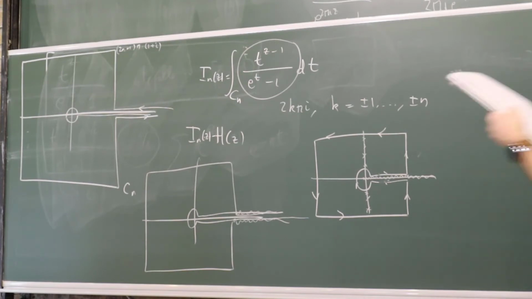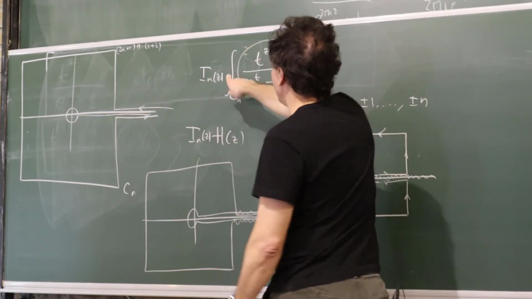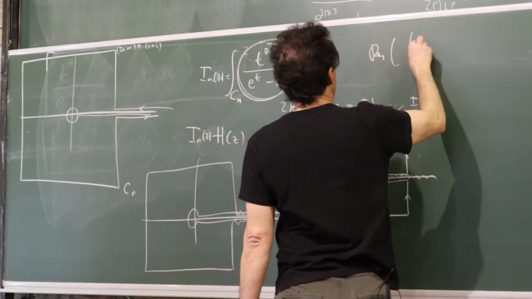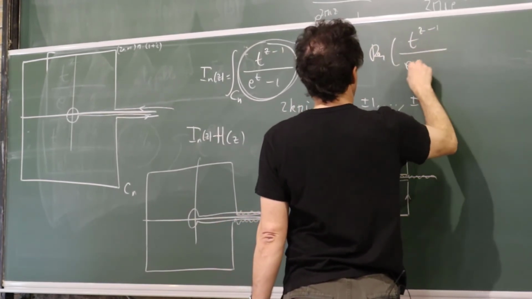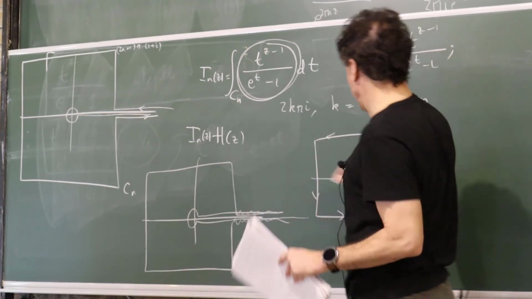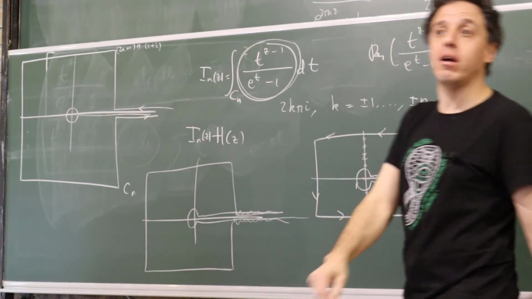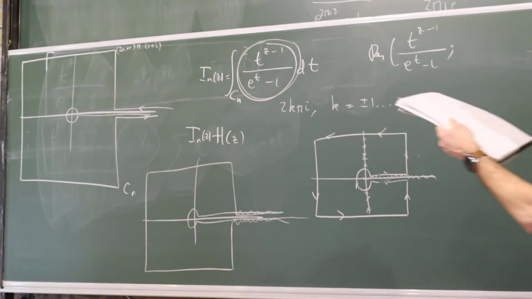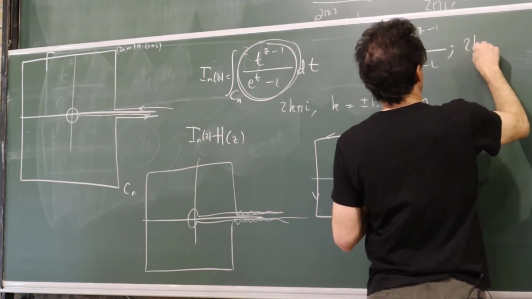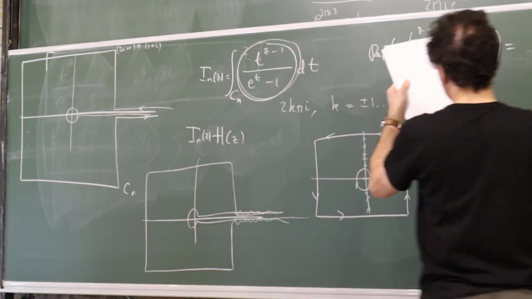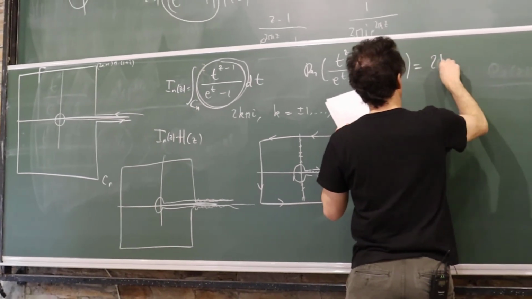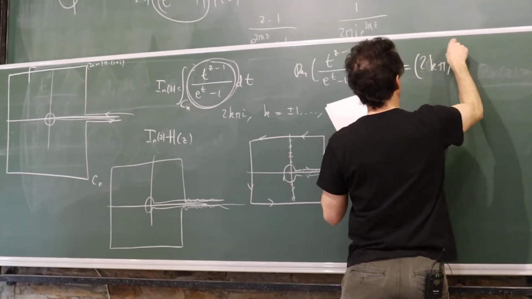In fact, the residue of the function at the poles on the upper side, on the positive imaginary axis, must be something like (2k pi) to the z minus 1.